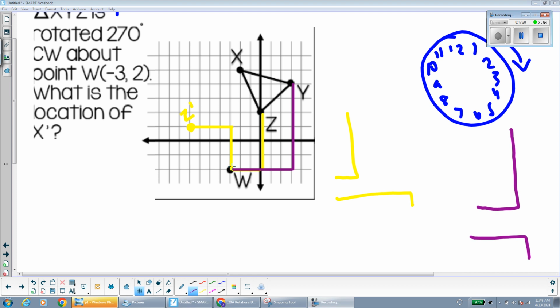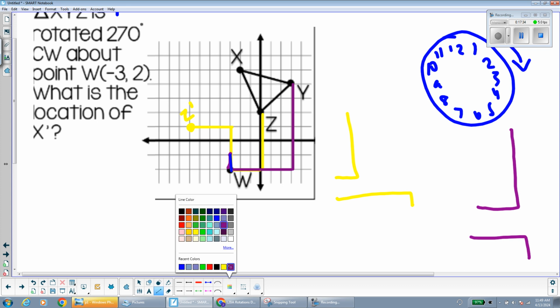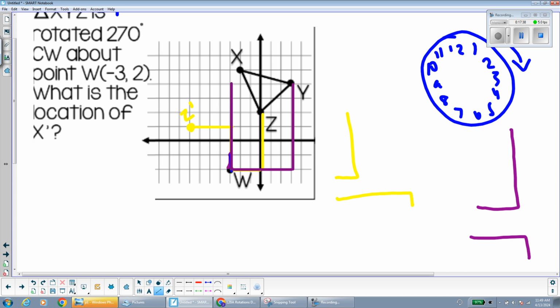So starting at our center, 1, oops, I don't have my line. Oh no, I wanted the same color. 1, 2, 3, 4, 5, 6. And that is the point Y prime.